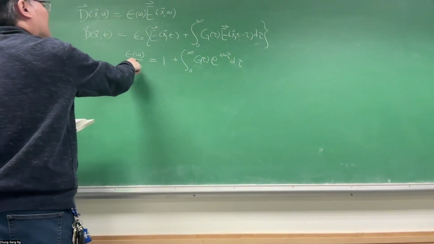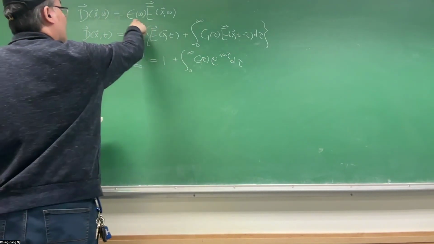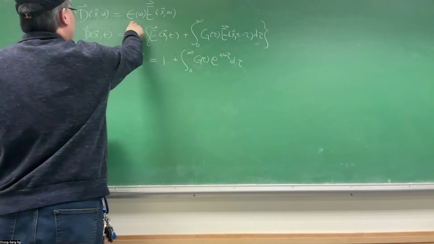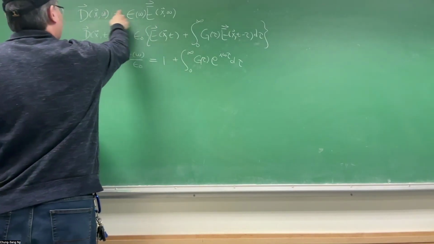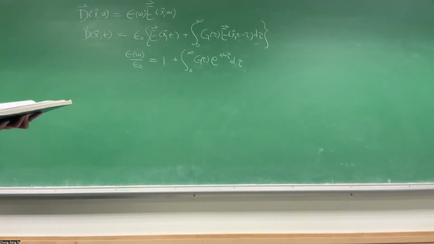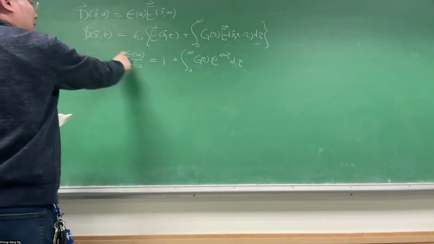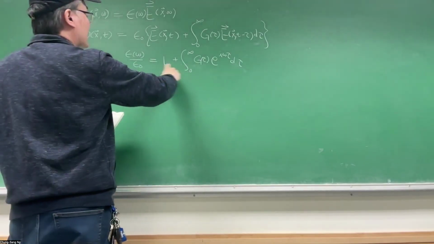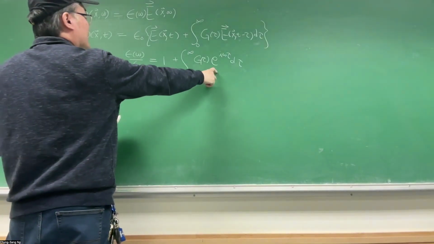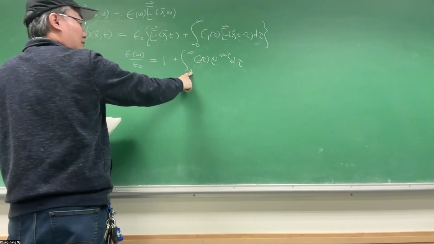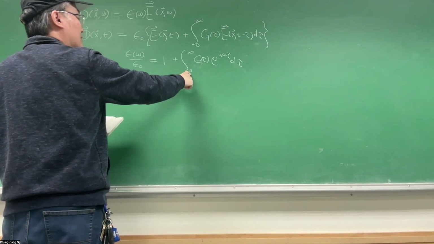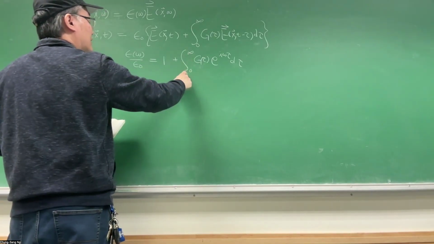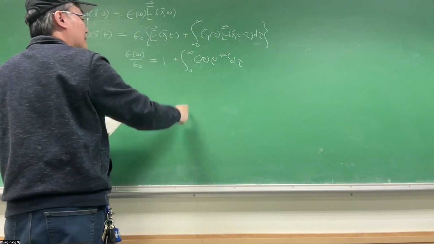Putting in this epsilon using this formula here, then by taking the inverse Fourier transform, you can show we get this equation. So basically this looks like a Fourier transform, right? Except that now you restrict your integration from 0 to infinity rather than minus infinity to infinity.